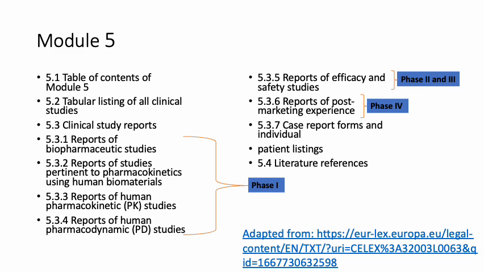So the phase 1 sections include the biopharmaceutics, that is the physical and chemical properties of drugs and their dosage, and studies using human biomaterials, pharmacokinetic studies which investigate the effective plasma level of the medicine, and pharmacodynamic studies which investigate the desired biological response. The other parts of Module 5 include Phase 2, Phase 3 and Phase 4 studies. And then there are various listings.